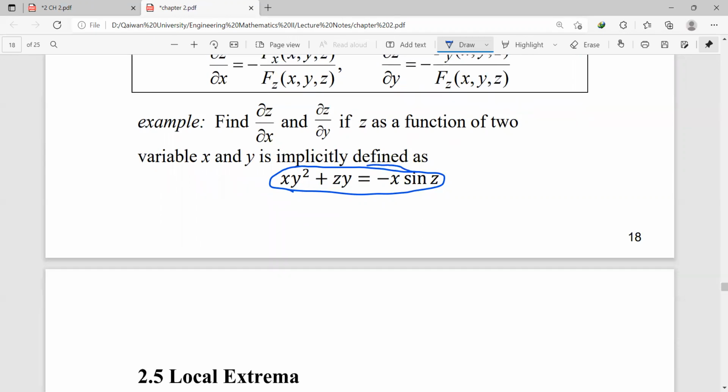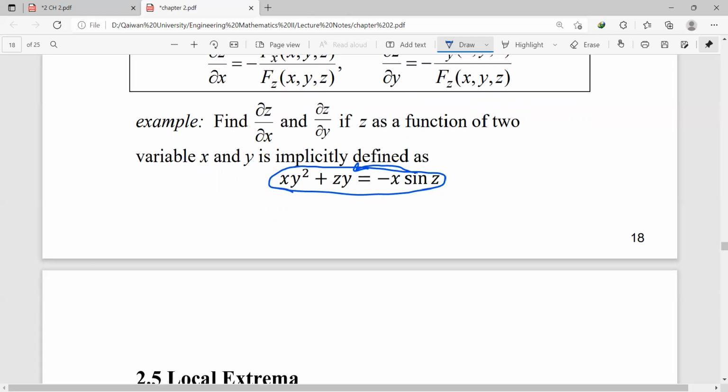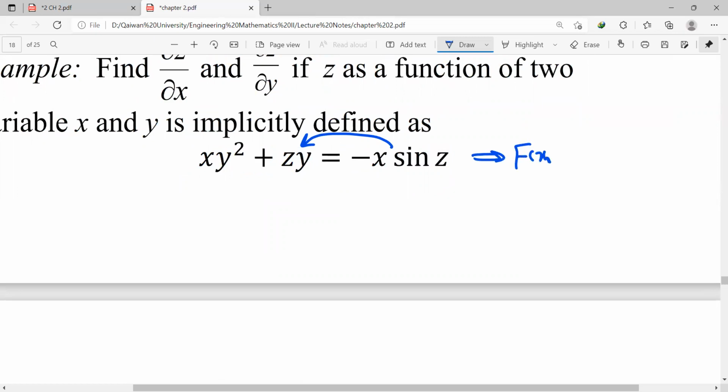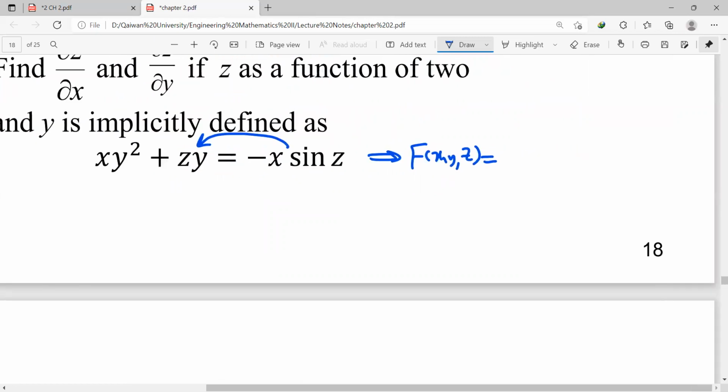We move sine z to the left, because capital F must be equal to 0. That means if there is any term on the right hand side, you move it to the left. And so we say F of x, y, z equals xy squared plus zy plus x sine z.